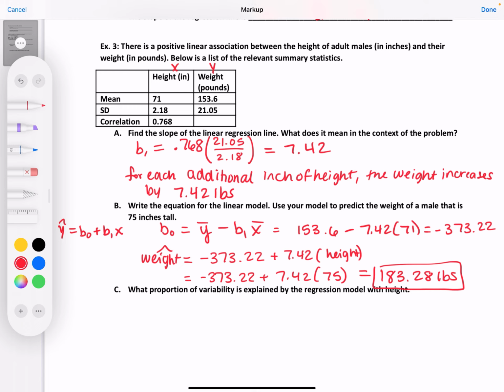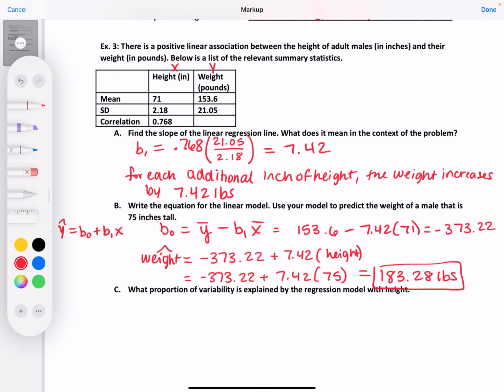What proportion of variability is explained by the regression model with height? So how do I find the variability? It has something to do with r.